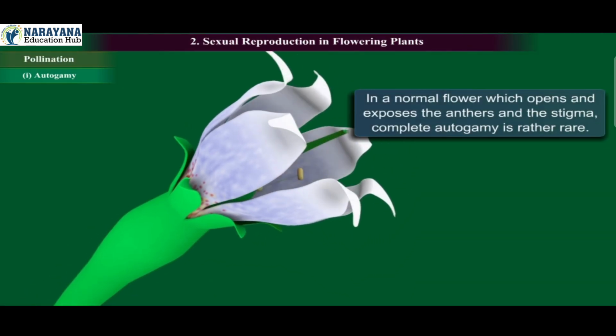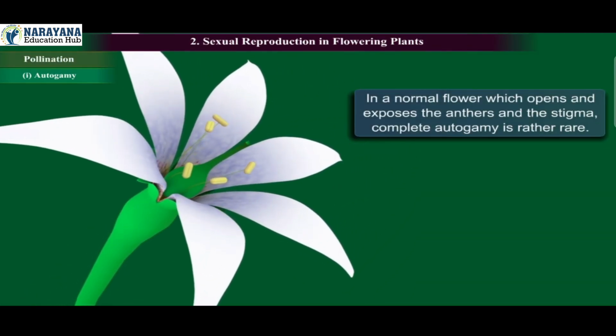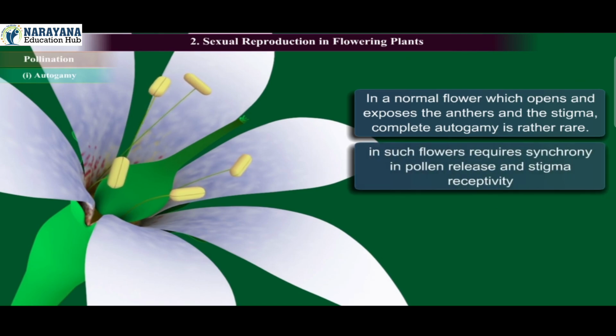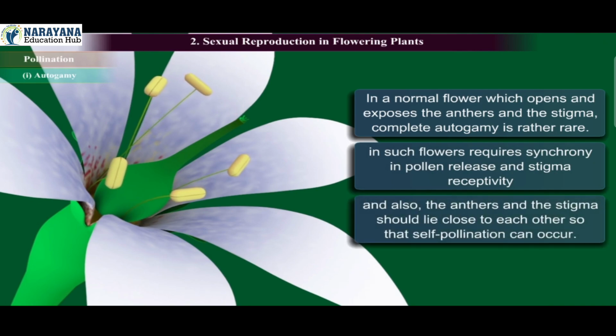In a normal flower, which opens and exposes the anthers and the stigma, complete autogamy is rather rare. Autogamy in such flowers requires synchrony in pollen release and stigma receptivity, and also the anthers and the stigma should lie close to each other so that self-pollination can occur.